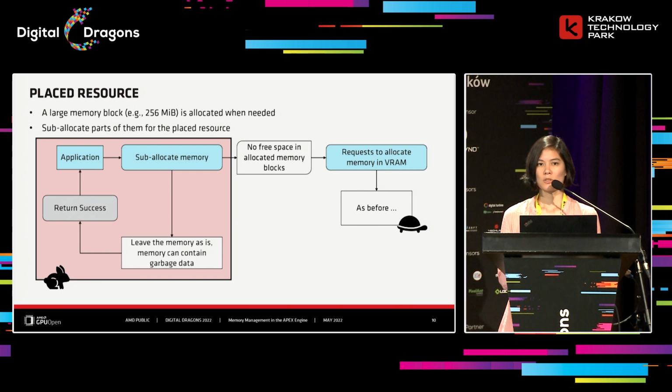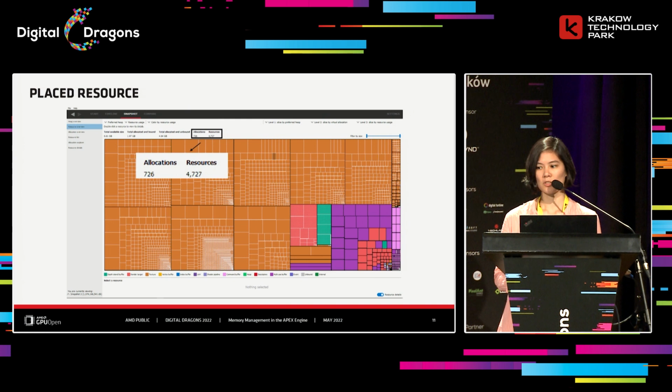The only issue is when there's not enough free space in your memory allocation and you actually need to make a new one, then it can take quite some time because then it goes down the same route as for committed resources. And here's the promised screenshot. So you see now you have one big allocation and a lot of resources in it. And this is actually a shot from a real game, so that's why there are more allocations, more resources.